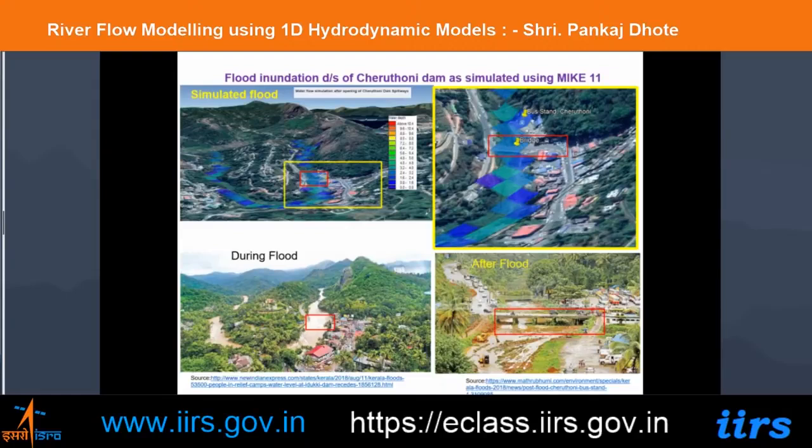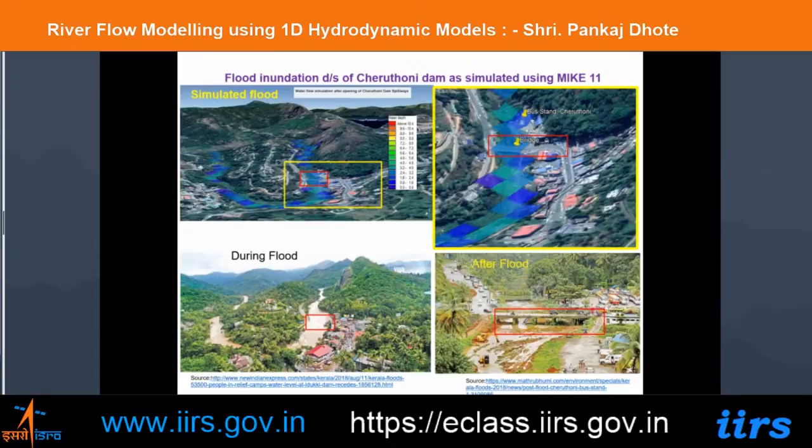At the same time, in the zoomed version of the simulated extent map near the bridge, it can also be seen that the model was able to pick up visually the event that occurred back in 2018. Such kinds of scenarios can now be studied using the HD model.